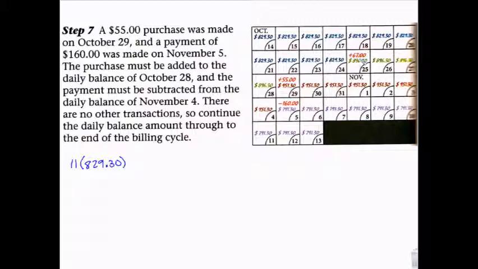Then I go back to the next, which was $896.30, and I have 4 days at $896.30. And then 7 days at $951.30. And then finally, 9 days at $791.30.